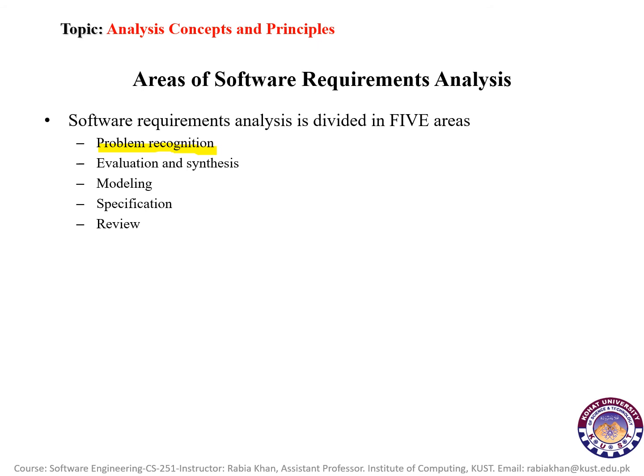The main goal is recognition of the basic problem elements as perceived by the customer. So the basic areas of the problem which are more problematic to the customer are highlighted in this step.